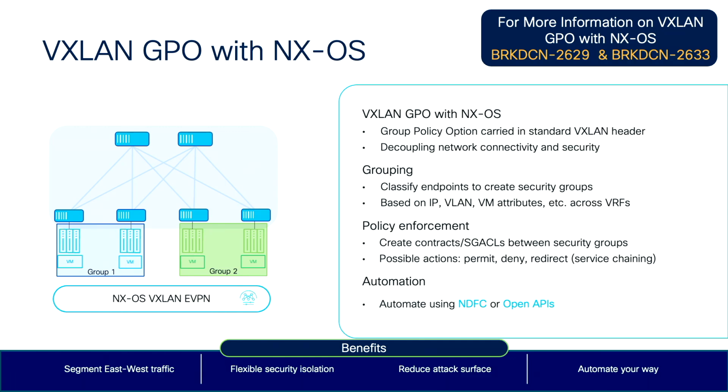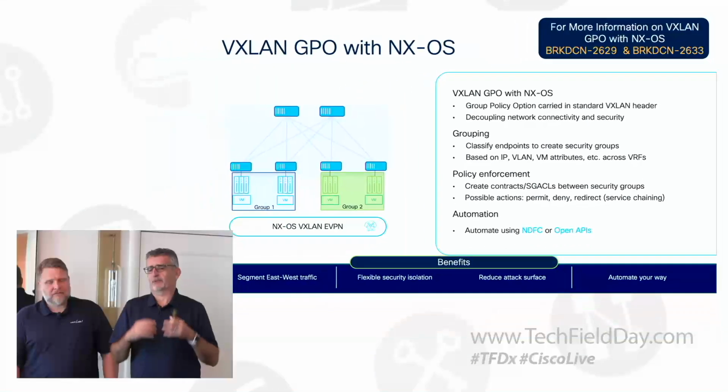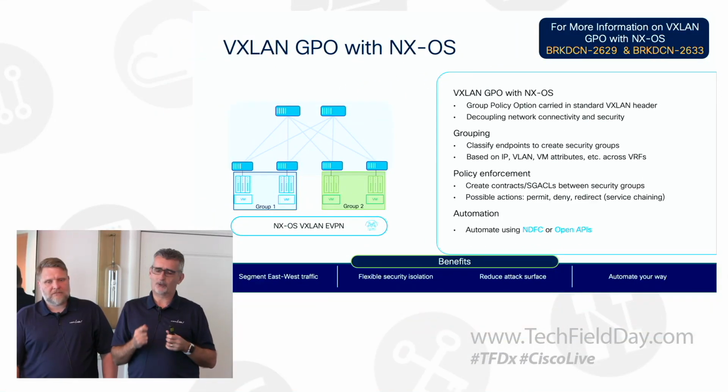So it's a much more flexible way of classifying endpoints or external prefixes as part of a secure group, right? And once I've done this classification, I use the same construct of contract, or as I said, SGACL, secure group ACL, that determines how these different groups can communicate with each other.